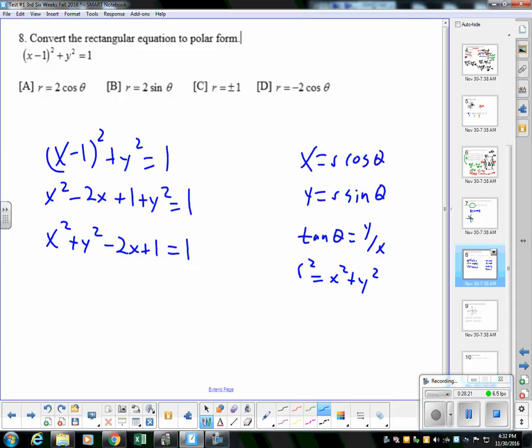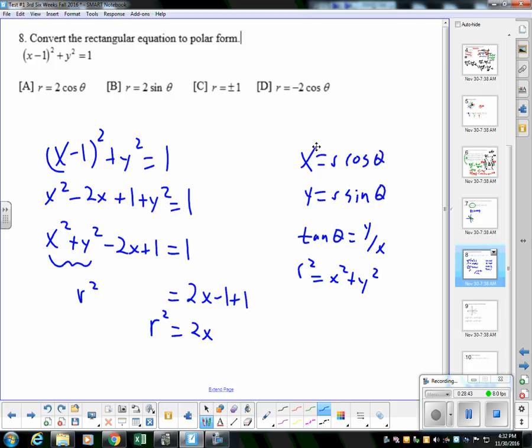Well, now, x squared plus y squared is the same thing as r squared. Now, I'm going to go ahead and throw this to the other side. So that's 2x minus 1 plus 1. Now, minus 1 plus 1 means I have r squared is equal to simply 2x. Minus 1 plus 1 goes away.